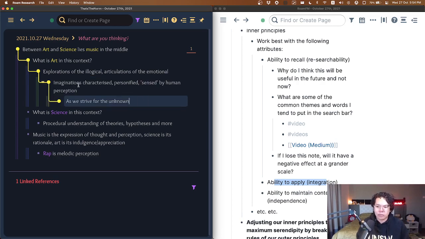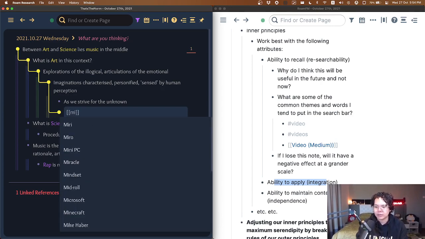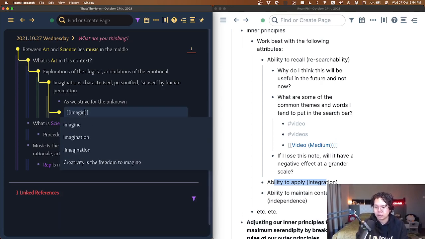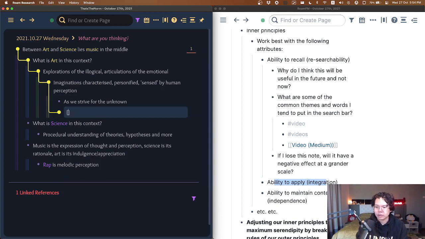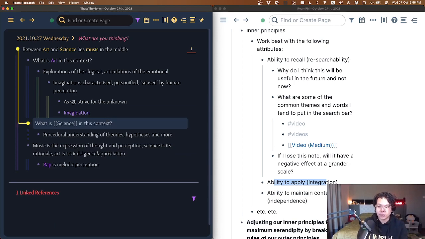So, if I've written as much as possible, I've exhausted my mad writing mode, and I'm looking at this now and I'm thinking, okay, can I integrate this with anything else? I look at imaginations and I'm trying to think of, is there anything else that I can integrate into this note? So I try to search imagination.